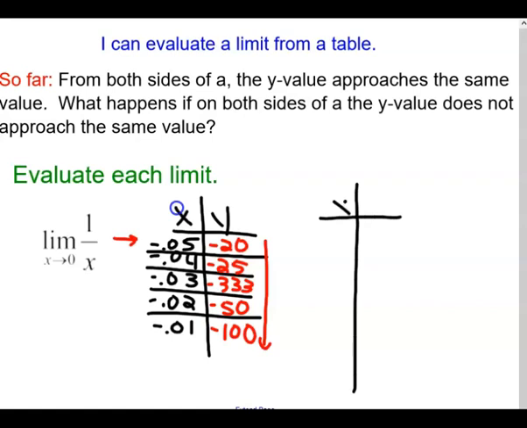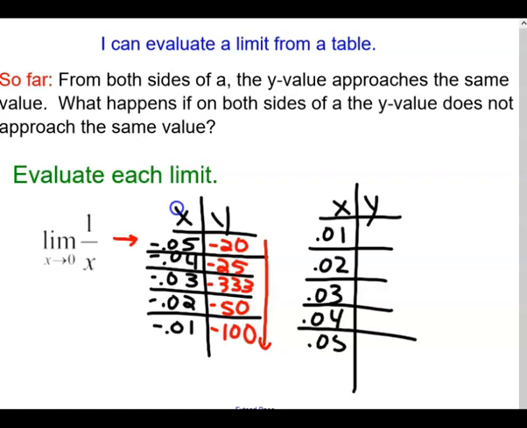Let's go from the other direction, see what happens. Instead of the negative direction, we're coming from the positive direction. 0.01, 0.02, 0.03, 0.04, 0.05.